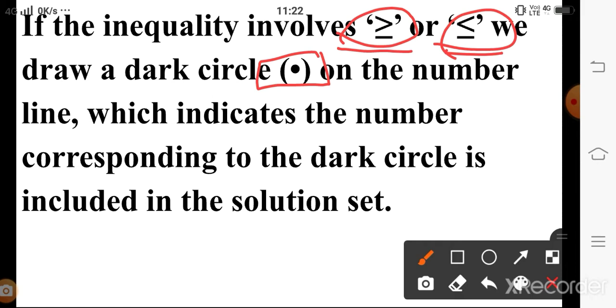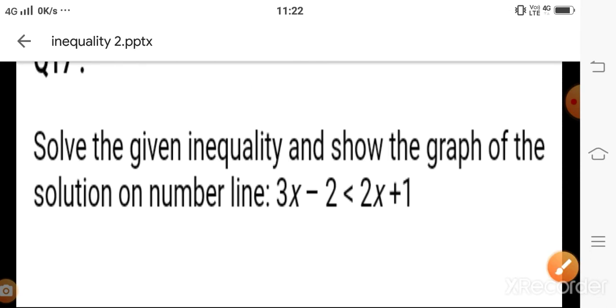If you keep a dark circle on a number, it means you are including that number. The concept is simple: if you are excluding that number, draw a hollow circle, and if you are including that number, draw the dark circle. That is called the solution set.